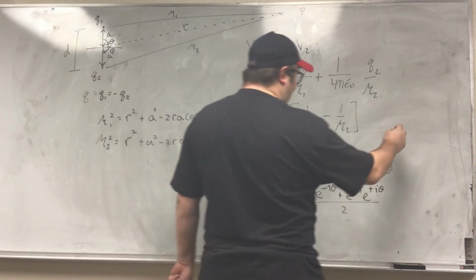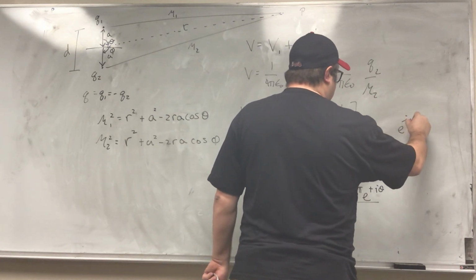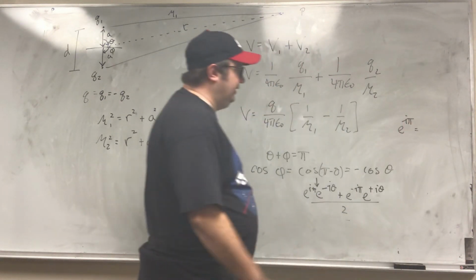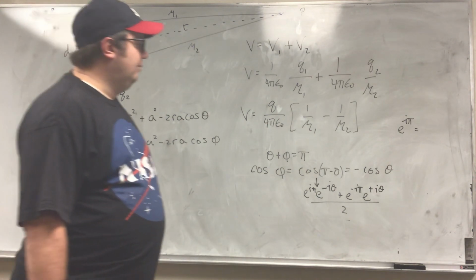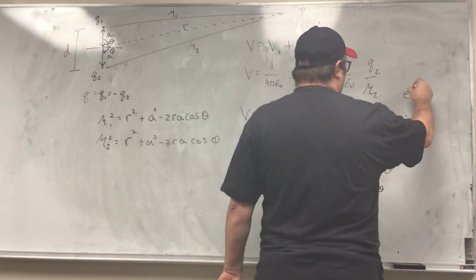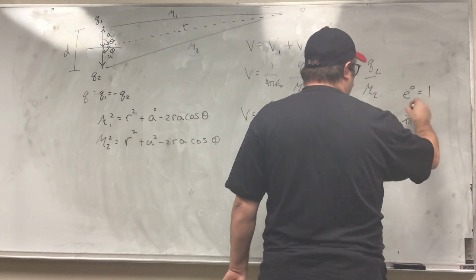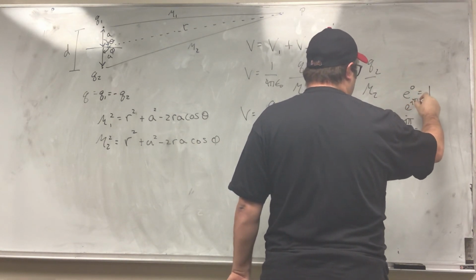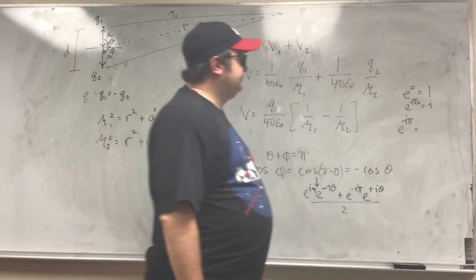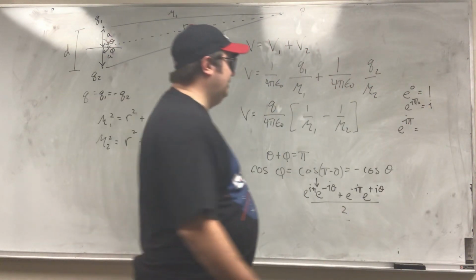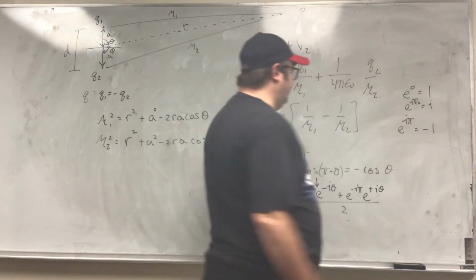What's e to the i pi? Well, e to the 0 is 1, e to the i pi over 2 is i, so e to the i pi is going to be minus 1.